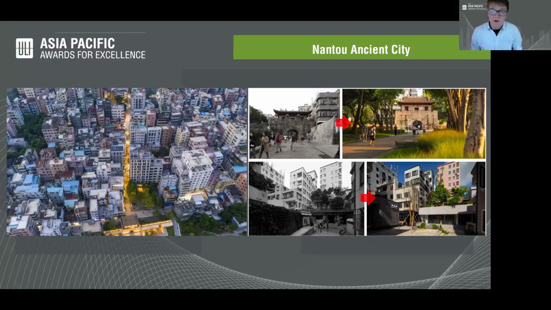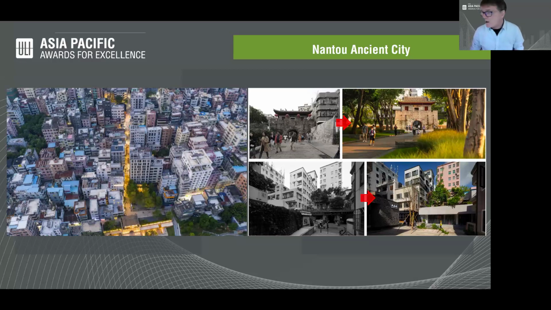But what's going on now is that developers in China, in line with local governments and also local designers, are moving in to try and improve the environment and revitalize it without laying waste to it and having a wholesale redevelopment with tower blocks, whether office or residential.